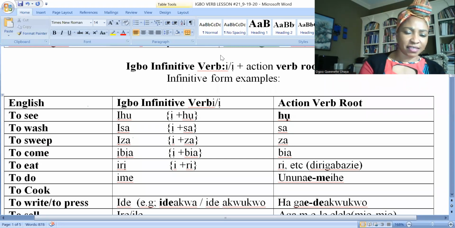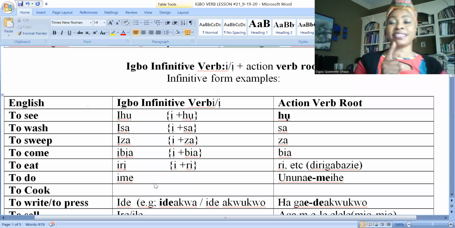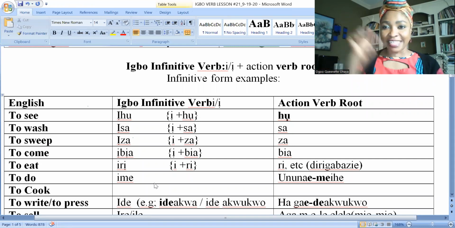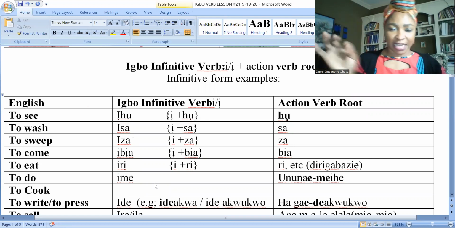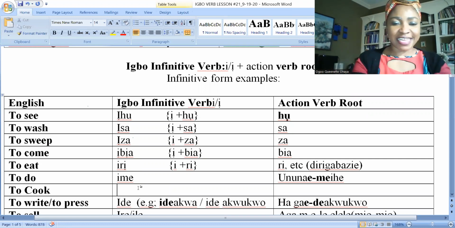To cook, isi nri. Yes, no. Now, Olisa, it is only isi. I didn't put food there, okay? If I say to cook food, isi nri. But if I say to cook, it's simply isi. Okay, so to cook is isi. See that?